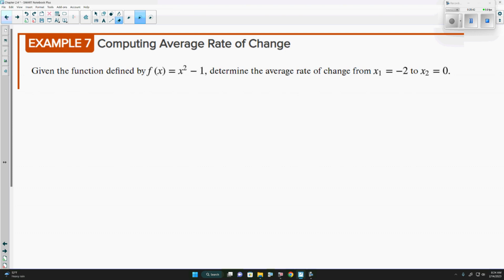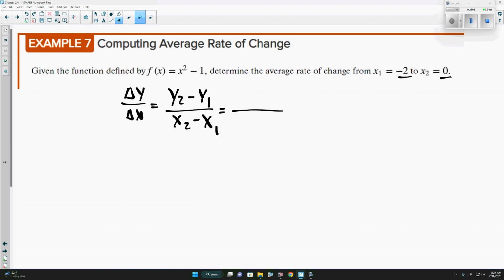This here is the last problem. Now this here seems like it'd be more difficult than doing normal average rate of change, but they're not really. Because average rate of change, change in y over change in x, is our y2 minus y1 over x2 minus x1. Now the two x values they gave us are -2 and 0.